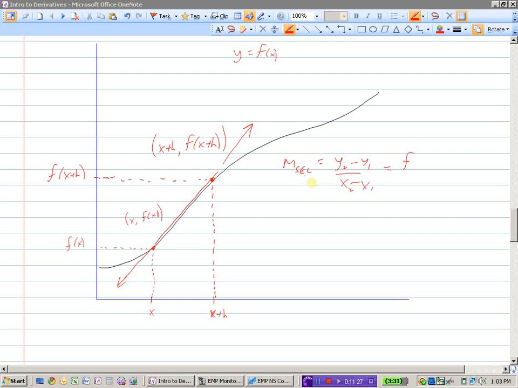So slope is y minus y over x minus x. The y value is f of x plus h minus this y value, which is f of x, all over this x value, x plus h, minus this x value, which is x. So there's our slope of our secant line, the line connecting any 2 points on our curve.